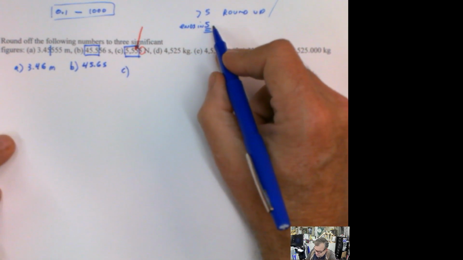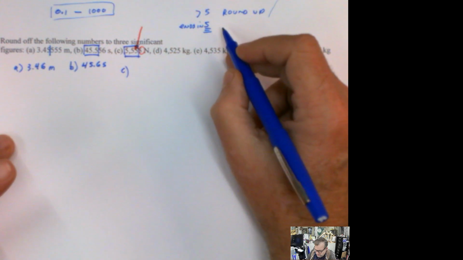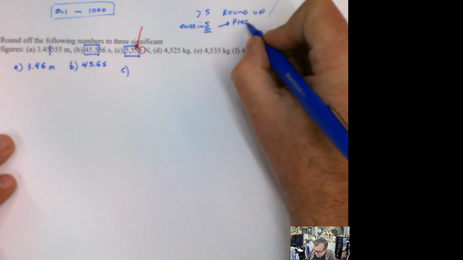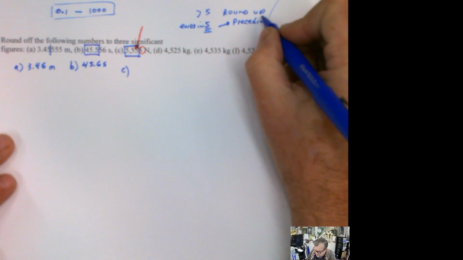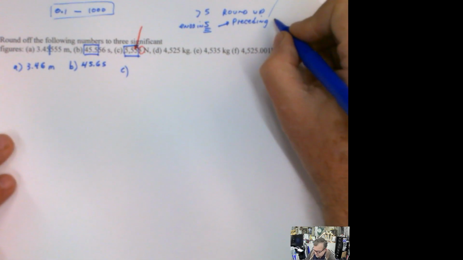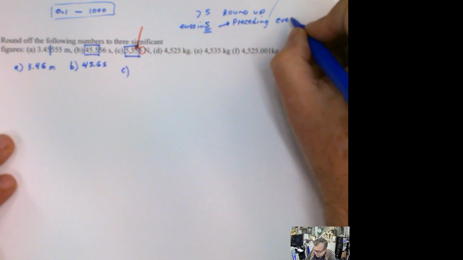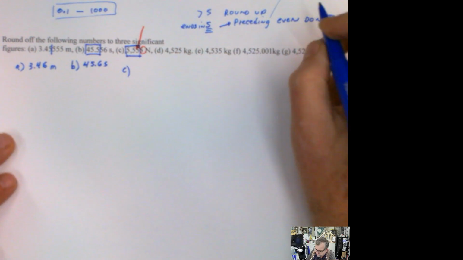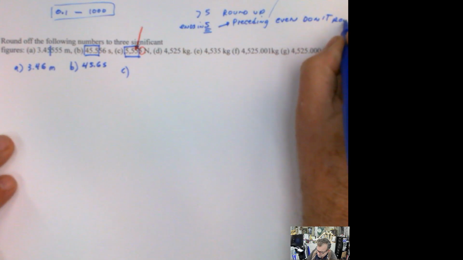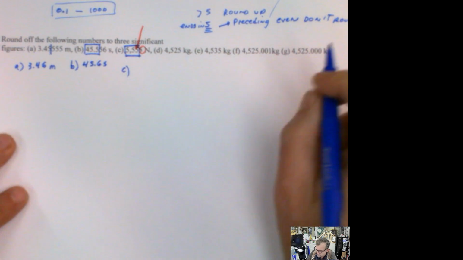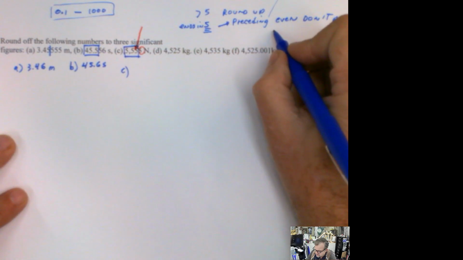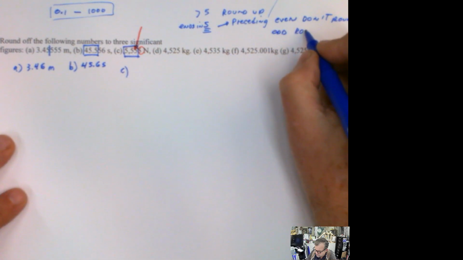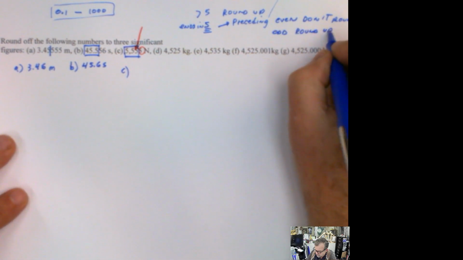This is when the rule is a little bit weird. If the number preceding the 5 is even, you just don't round up, or you can say truncate there, and if it's odd, then you round up.